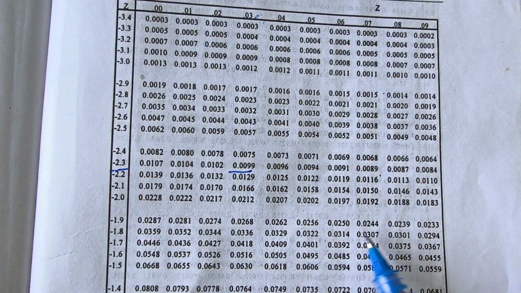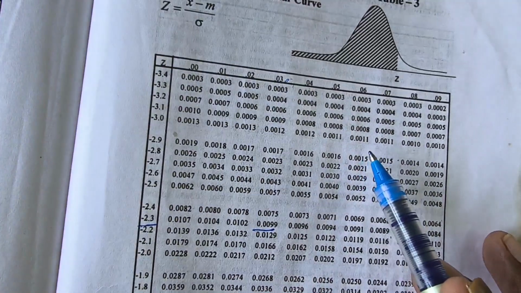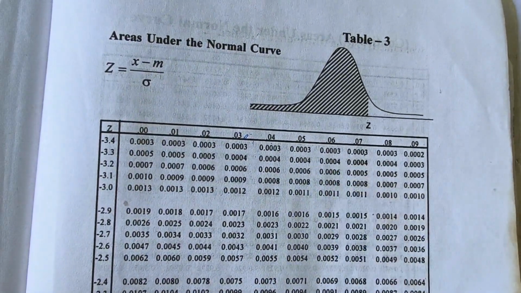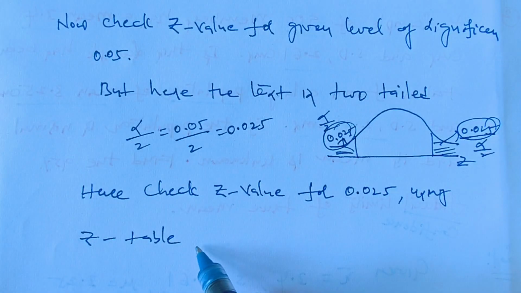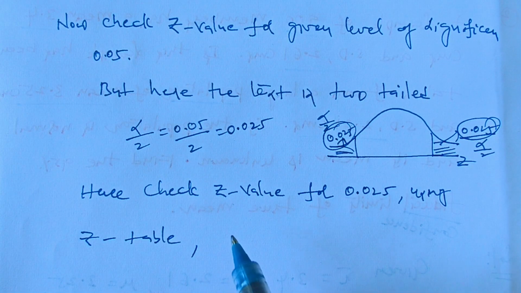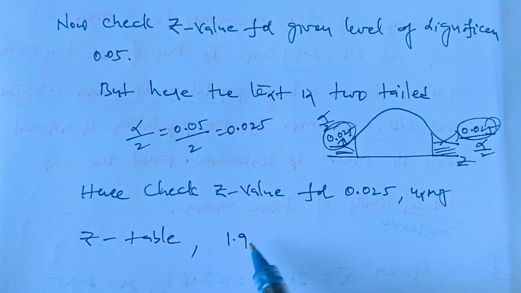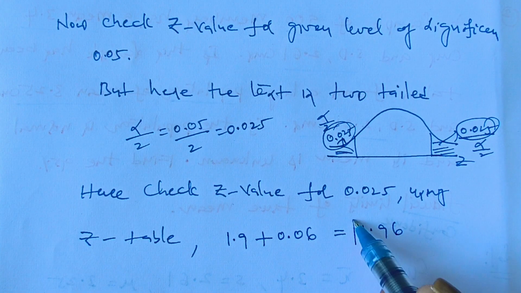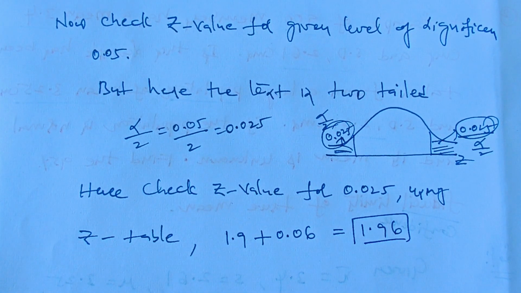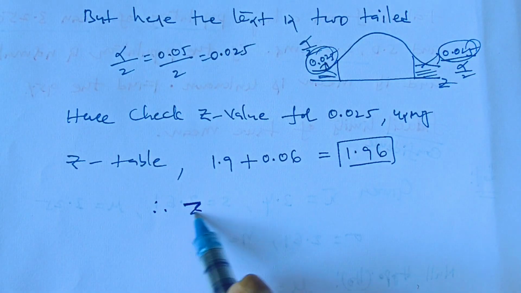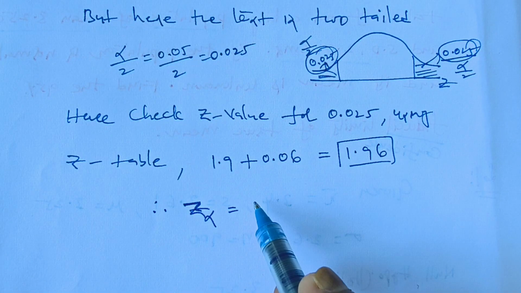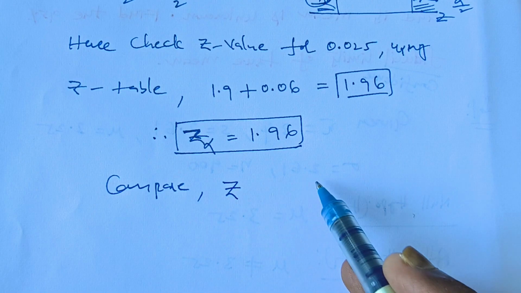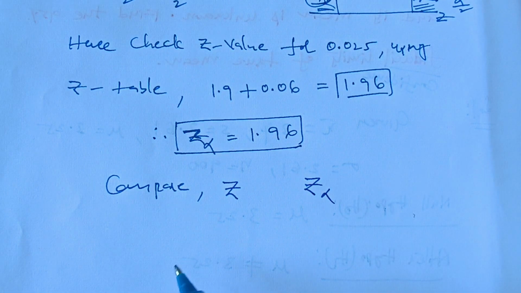It lies on the 1.9th row and in the 0.06th column. So we add these two, that is 1.9 plus 0.06 column gives 1.96. This is tabular value of z for the given level of significance 0.025.